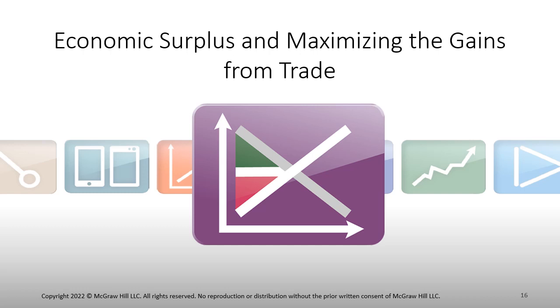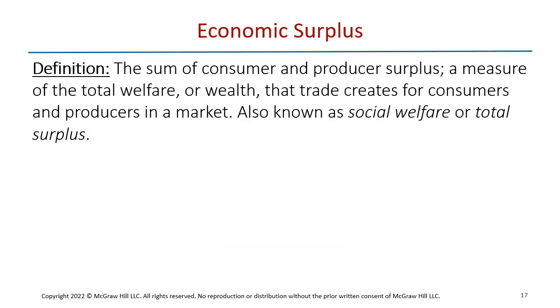Okay, so at this point, we're going to look at what it looks like when we combine the two and look at a completed supply-demand graph, and we analyze it from customer surplus and producer surplus. In our book, we call this economic surplus. In other classes I teach, we call it total surplus. It all means the same thing.